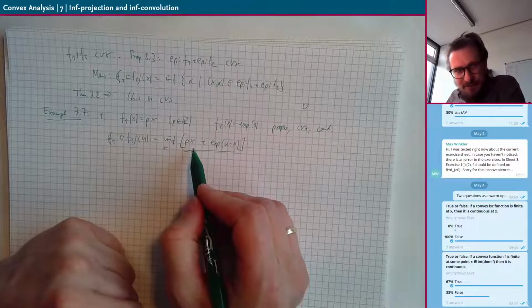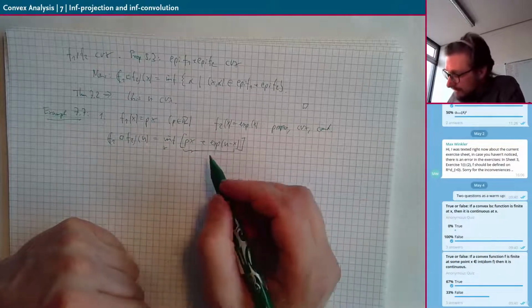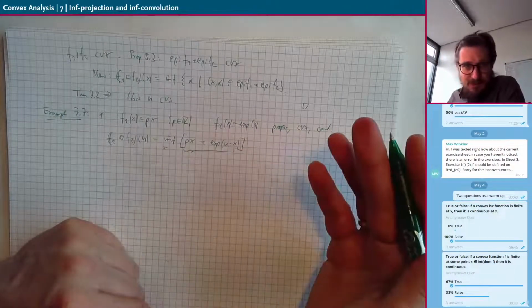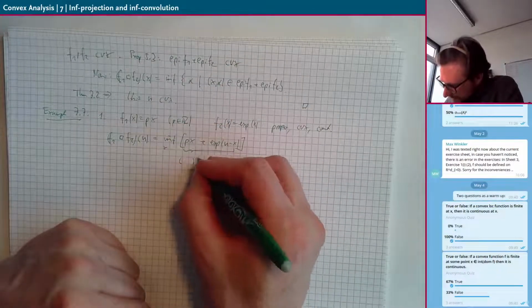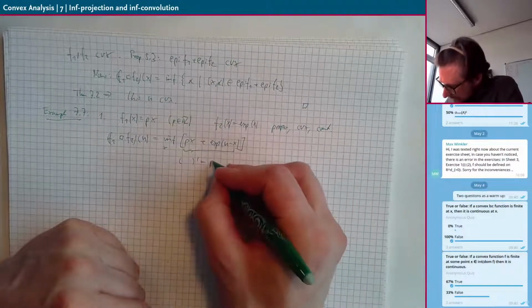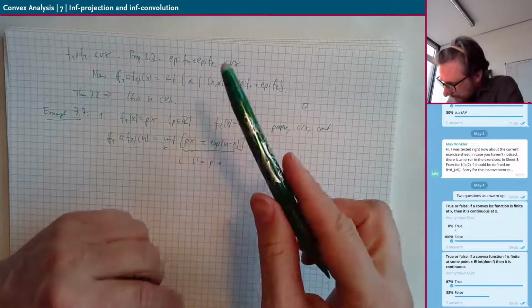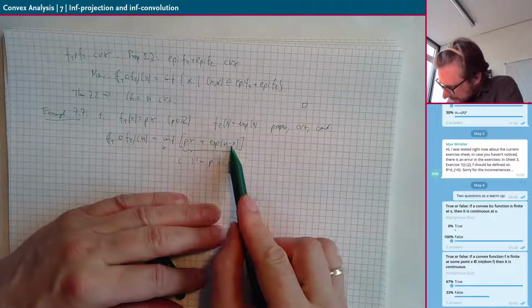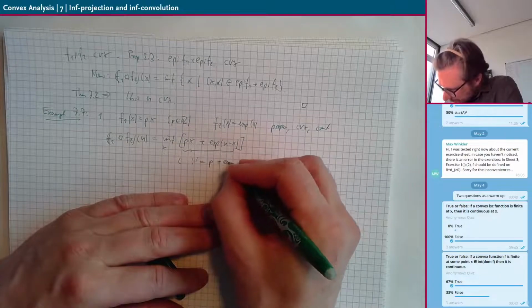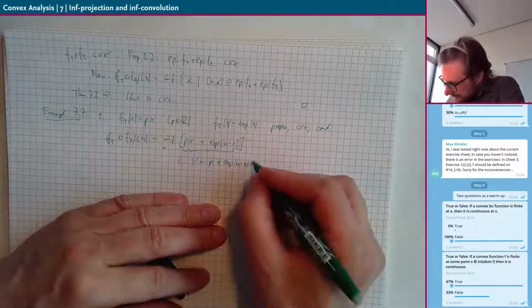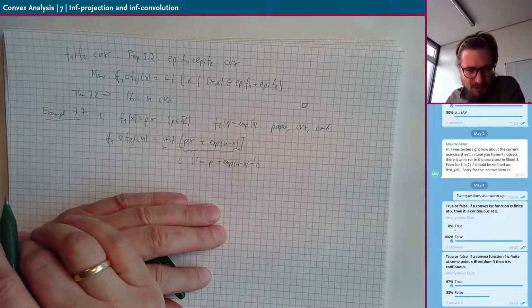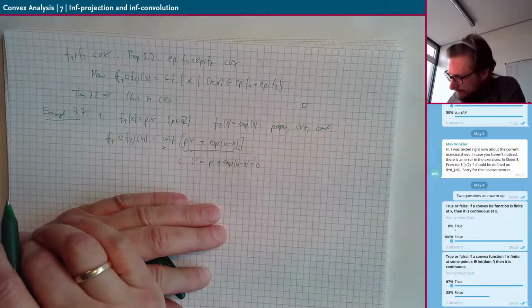So the infimum over x, and we use standard calculus: taking the derivative, setting it to 0, solving for x and plugging in. Taking the derivative gives you p, plus, no, it's not plus actually, the inner derivative gives you minus exp of u minus x, and this should be 0. So we need to solve that for x.